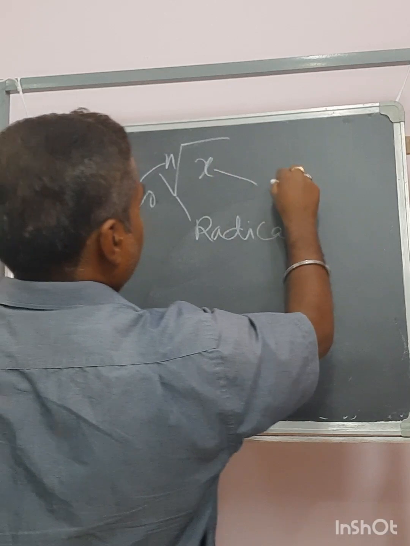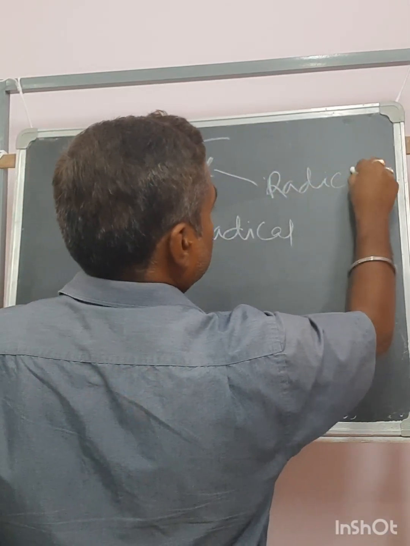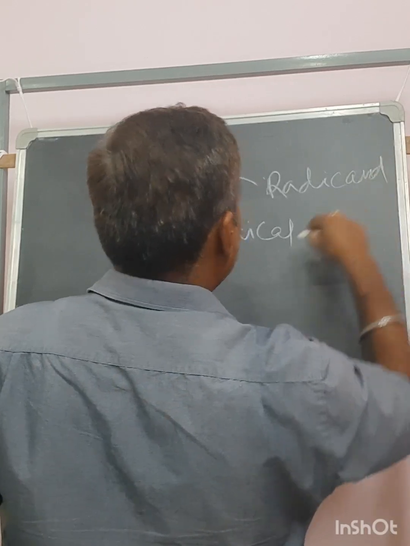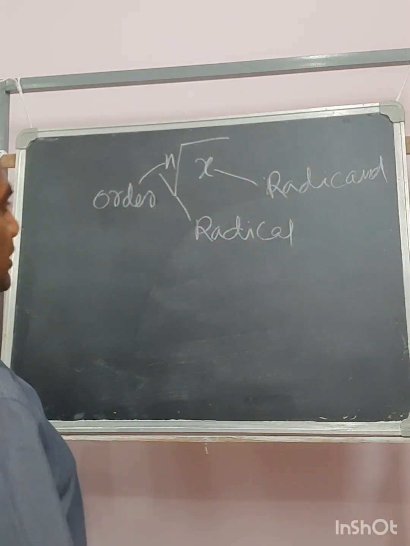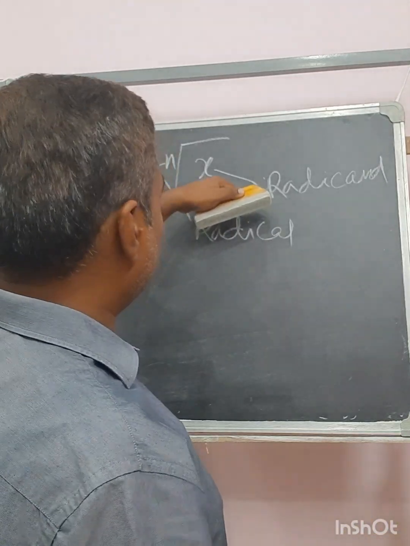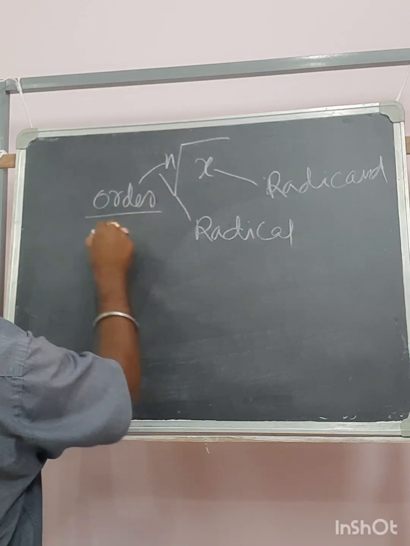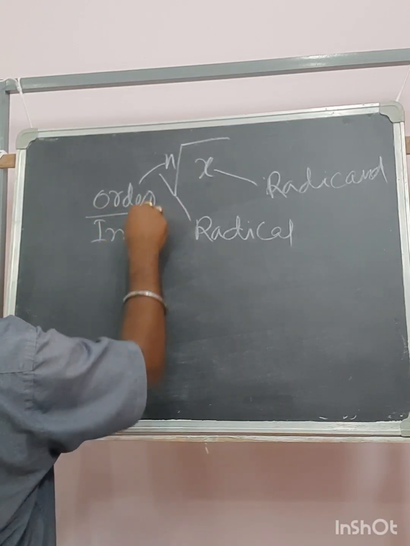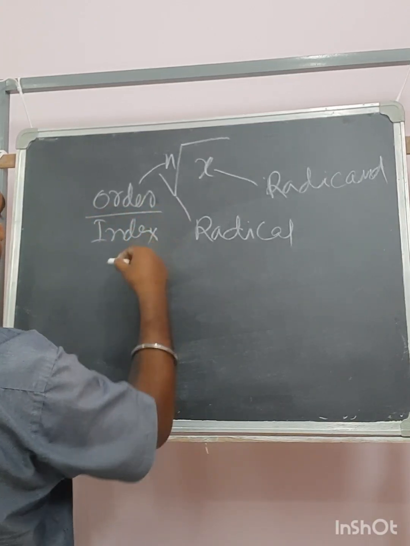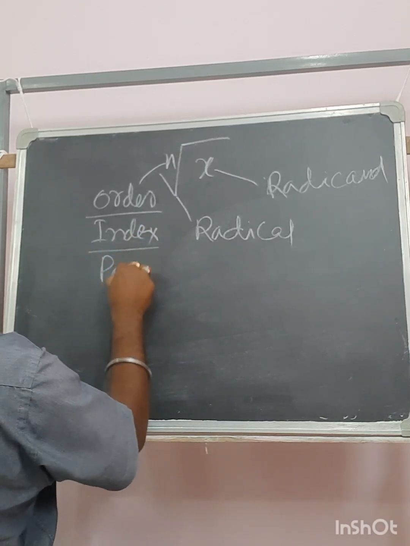This is called the radicand, because in some cases these are represented like that, or otherwise you can say this is the integer on which the surd is being calculated. This is the order, I have already said. This can also be called the index, because index generally comes when it is in power.